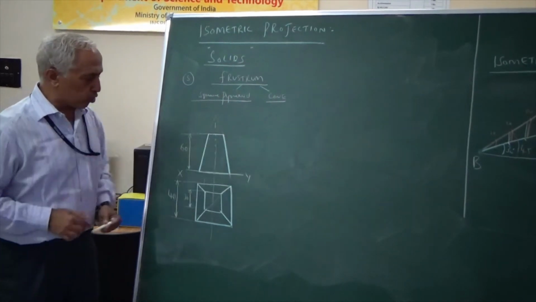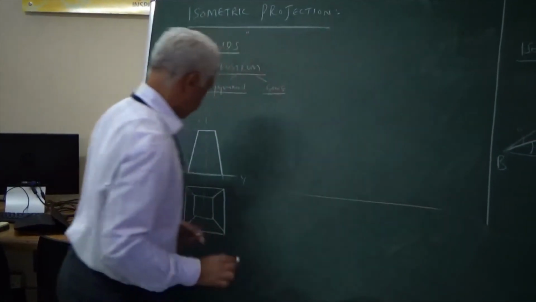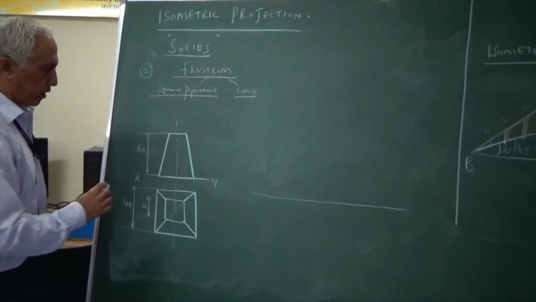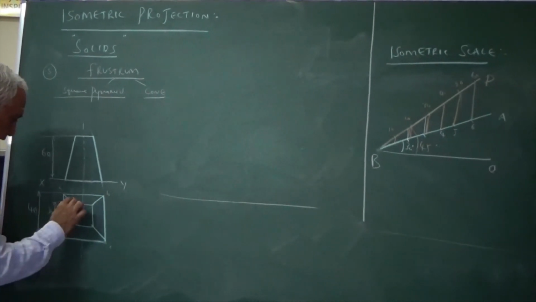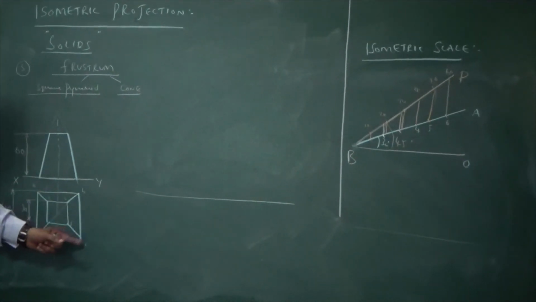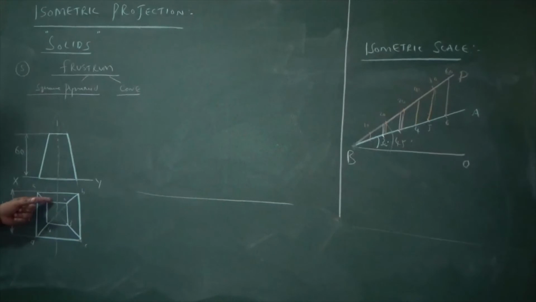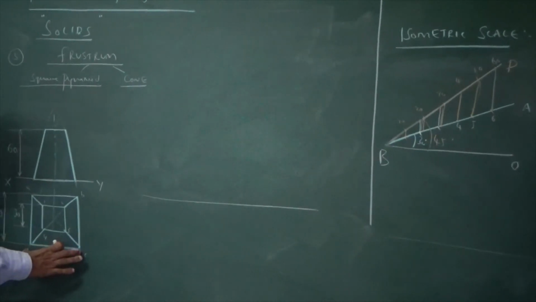To draw the isoprojection of a frustum, draw the horizontal line. Now you can name the points A, B, C, D and 1, 2, 3, 4 as the base points A, B, C, D. 1, 2, 3, 4 as the top base of the frustum with the height 60 millimeter. The base side is 40.